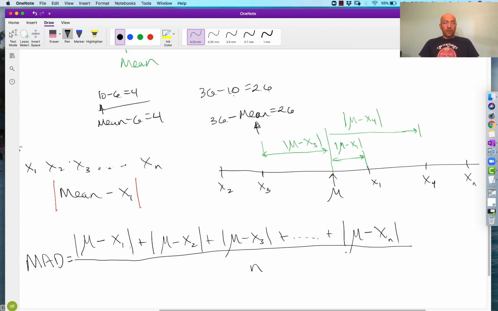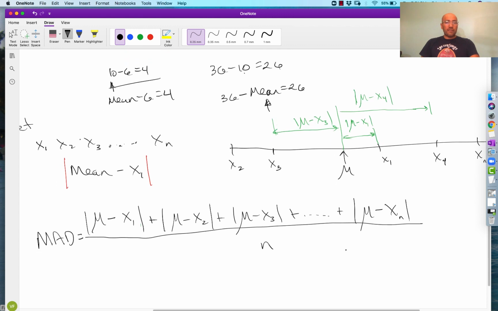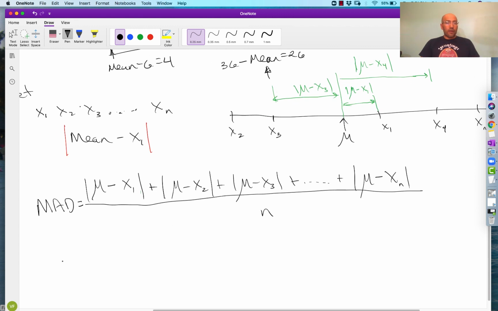Pretty good. Now, in some places, you might see this formula the other way around, where we just flip around the little x numbers, the entries from our sample, and the mean inside the absolute values. So it might be this way. But you see that it doesn't really matter. Because we're slapping it with absolute values, it doesn't matter the order.